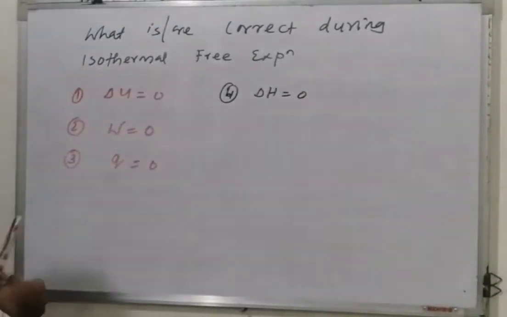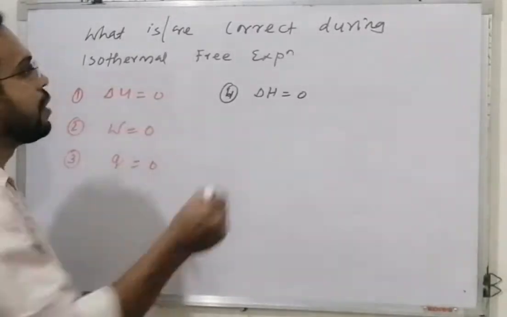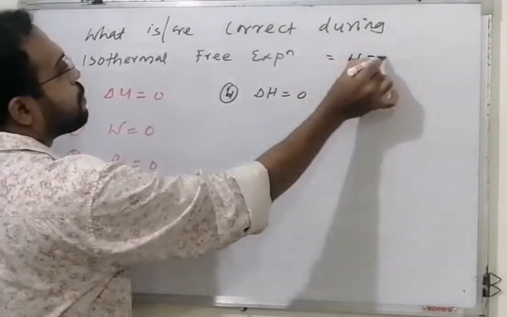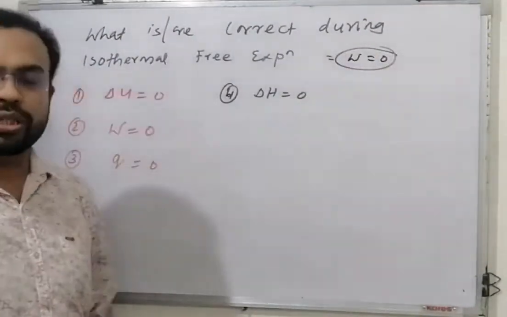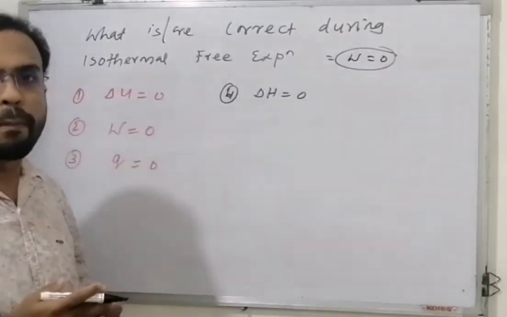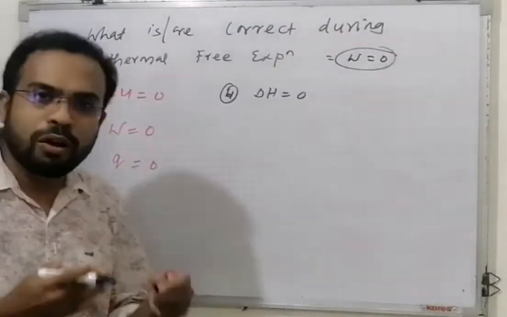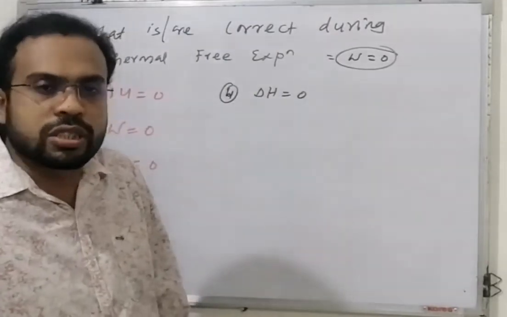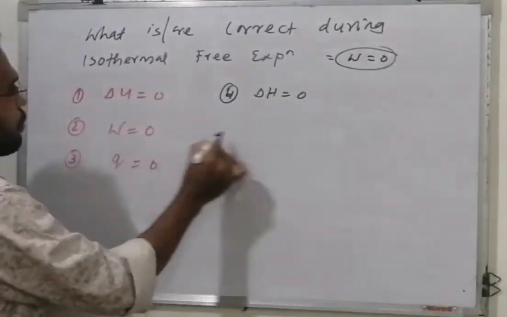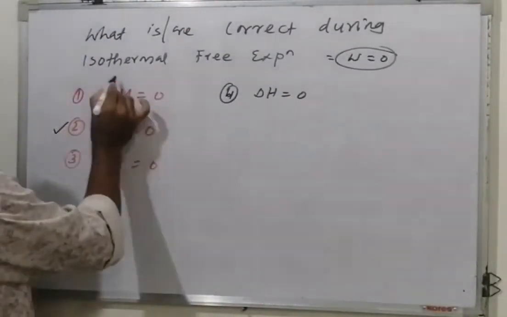During free expansion, W is equal to 0 because it is expansion without the expense of any energy. You are doing expansion towards work without the expense of any energy. That is called free expansion. Therefore, this is correct.